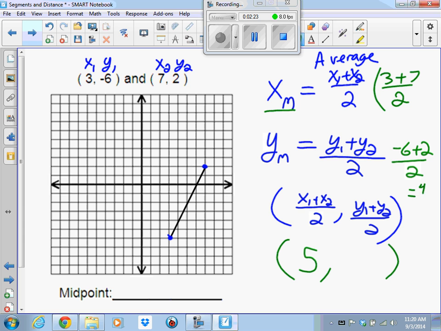That gives me -4 over 2, which is -2. So my midpoint, you can graph it at 5, -2. It's on the line and it is in the middle. You can use the distance formula to check that.